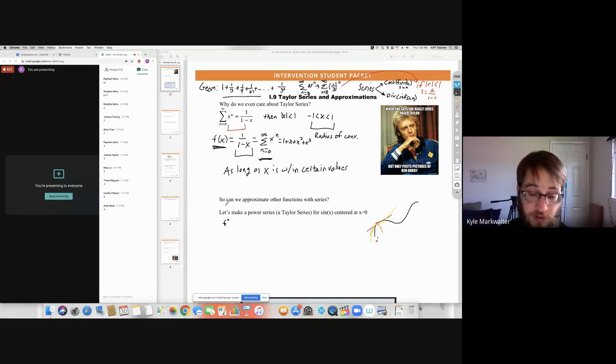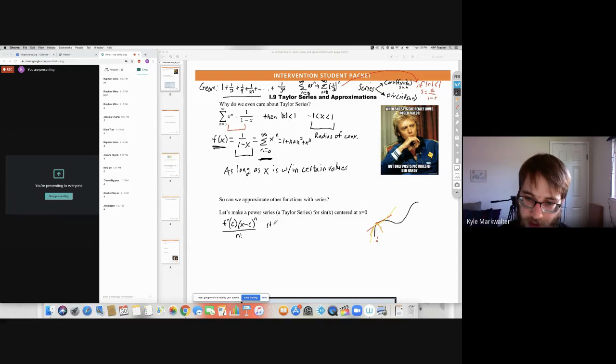For a general function, we would need to know the nth derivative of f at the place we're trying to build our function, times x minus that place we're trying to build the function, to the n power, over n factorial.